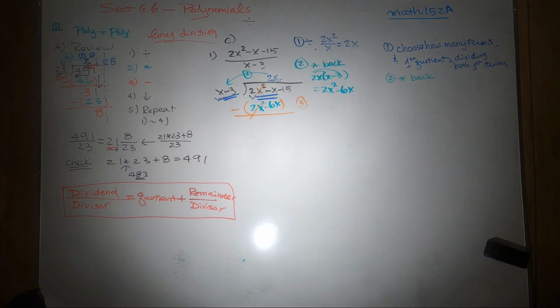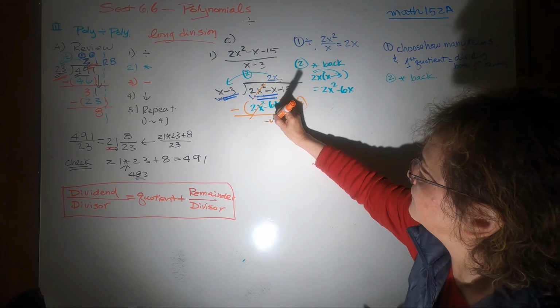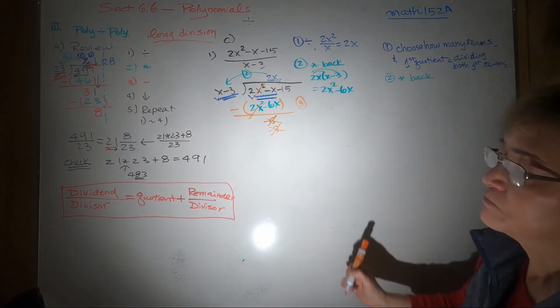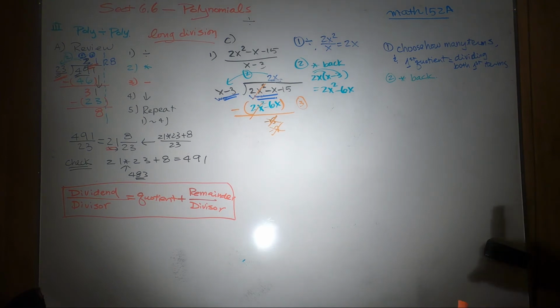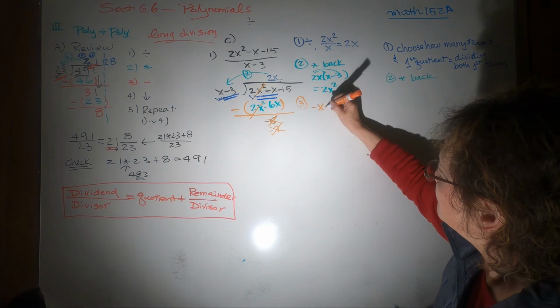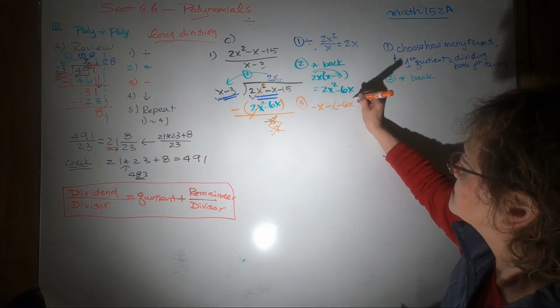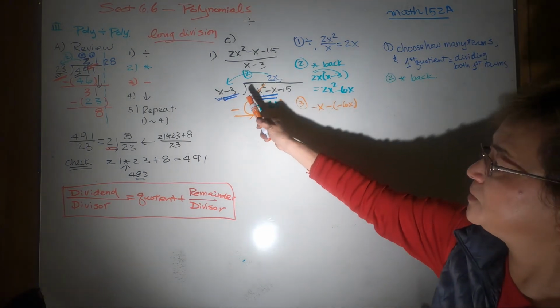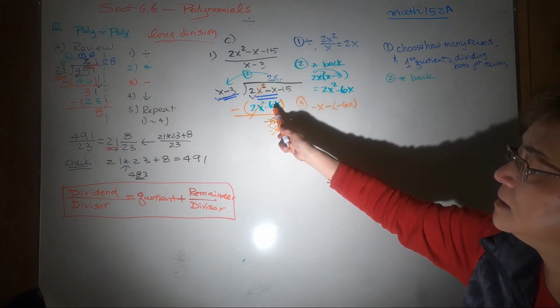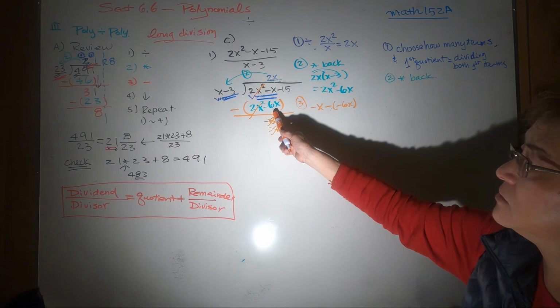Next, quite often, you make a mistake. Some people say, oh, this is -5x. No, it's -7x. Let's see what happens. This one is -x minus -6x. Remember, you have a minus, which means you have to change the sign on those terms.